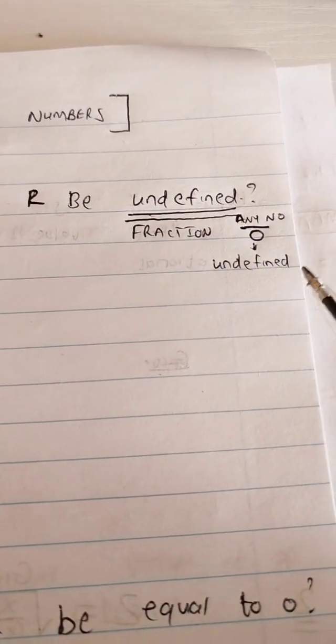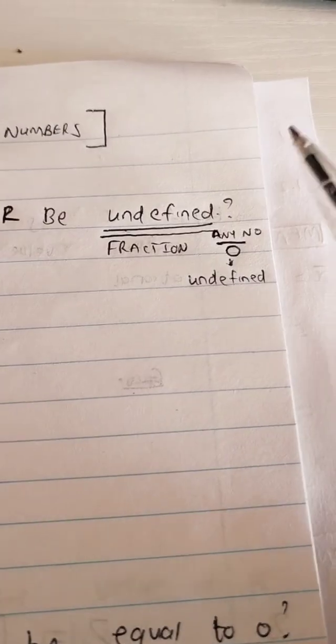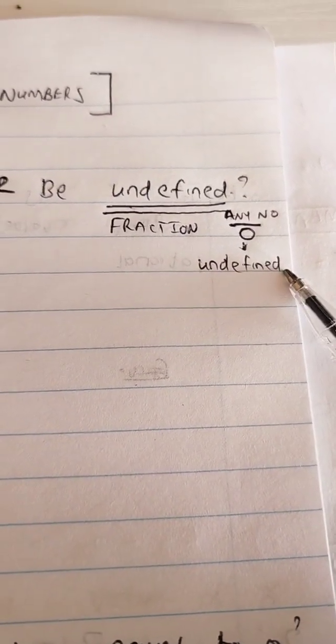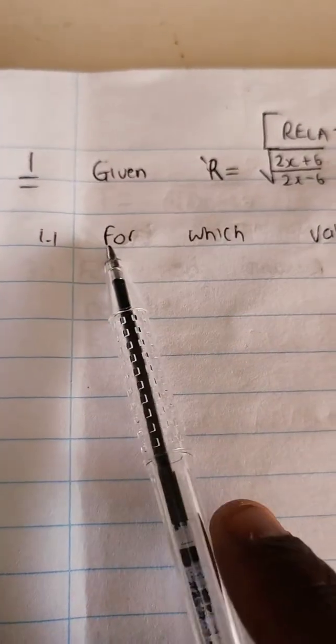Any number divided by 0 is undefined. That's what we call undefined. So let's go back to the question.